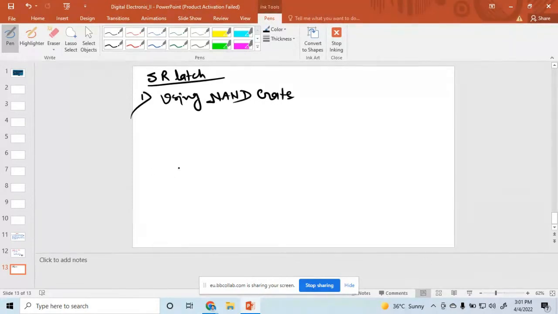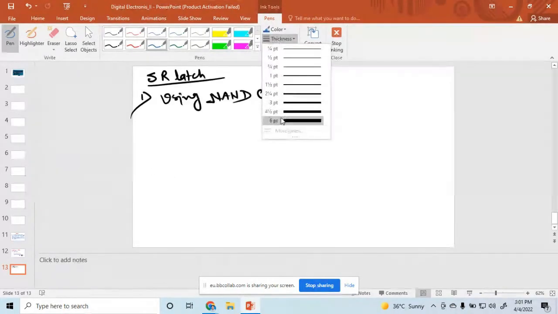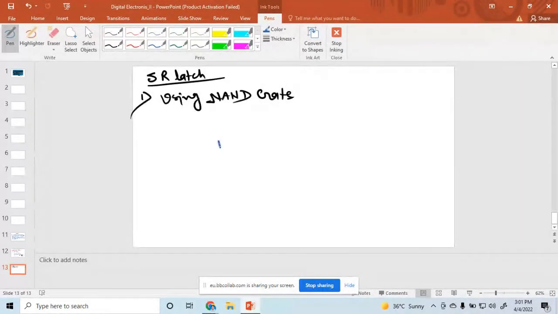How to design it with NAND gates? One NAND gate is connected here, with this as the output, and another NAND gate is here, with this as its output and this as the input.